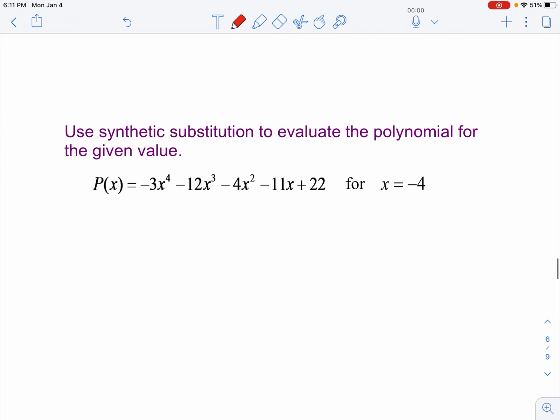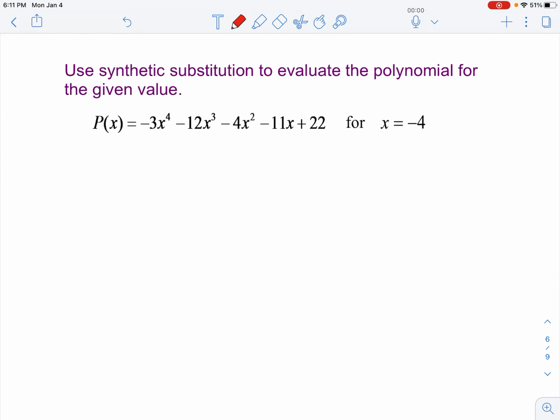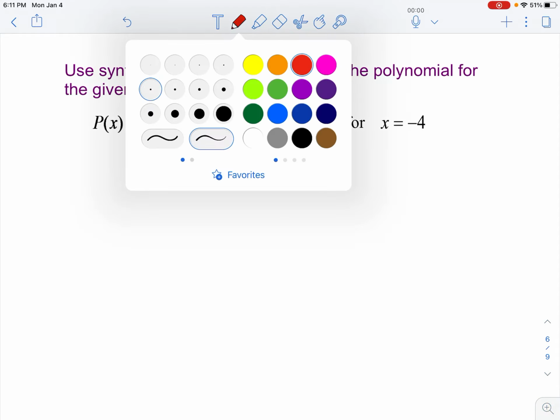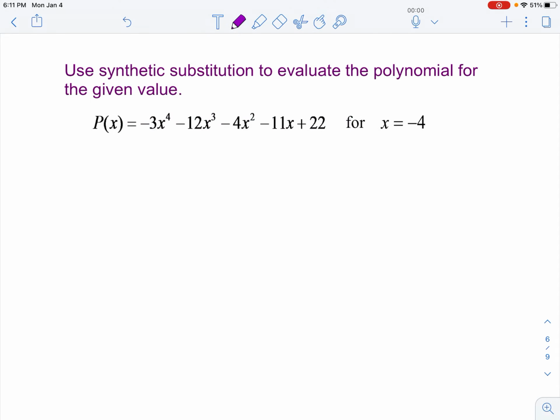All right, next, we're evaluating. And what this does, it actually gives us the remainder. So to evaluate, I'm going to find P of what is x? It's -4.